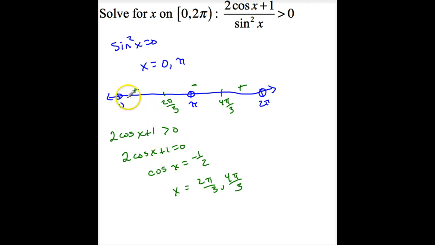My solution, now I can't include 0 because sine is 0 there. So it's 0, I want it to be positive, so it's got to go to 2 pi over 3. Now I want it to be strictly positive, so I can't include that point either. Okay, and that's going to union with 4 pi over 3 to 2 pi.